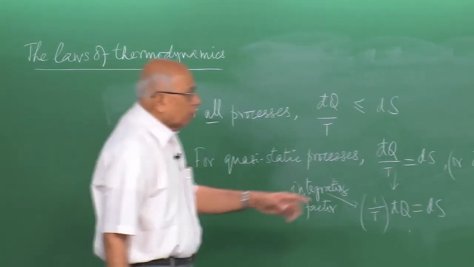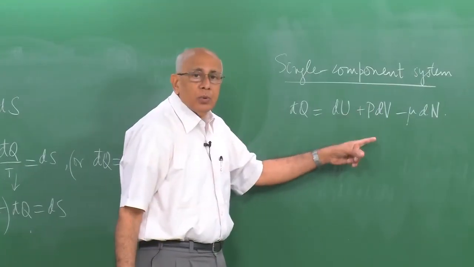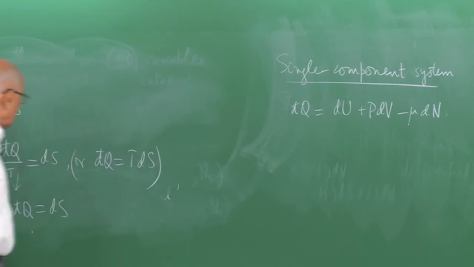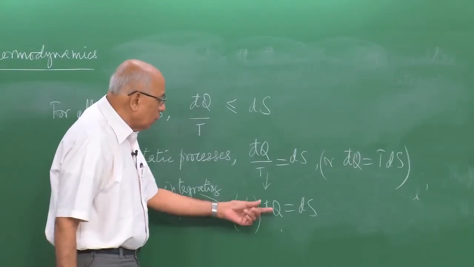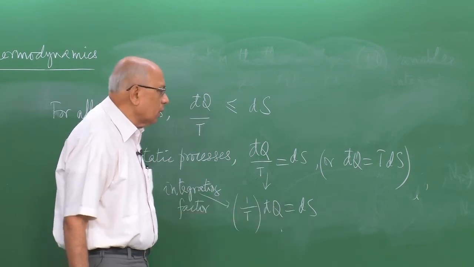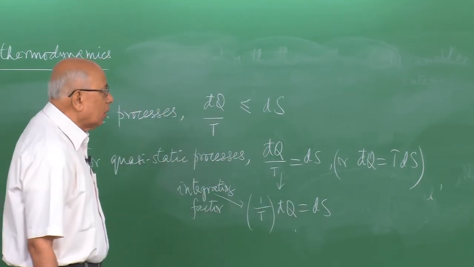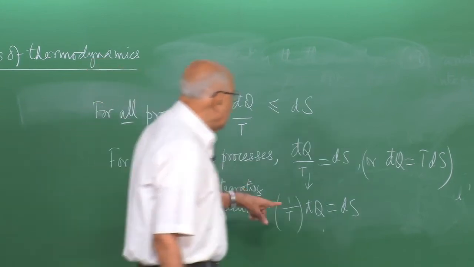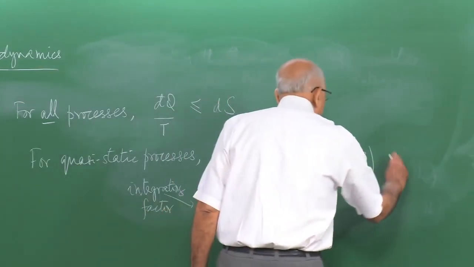Just as 1 over P was an integrating factor which multiplied dW to give you dV, in exactly the same way dQ, this imperfect differential, multiplied by this integrating factor gives you the differential of the entropy. So if you put that in, this is the second law.